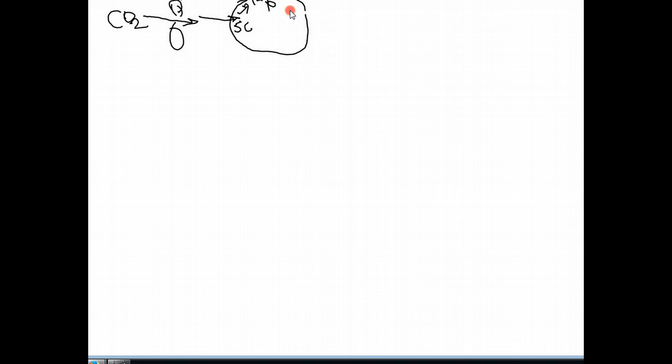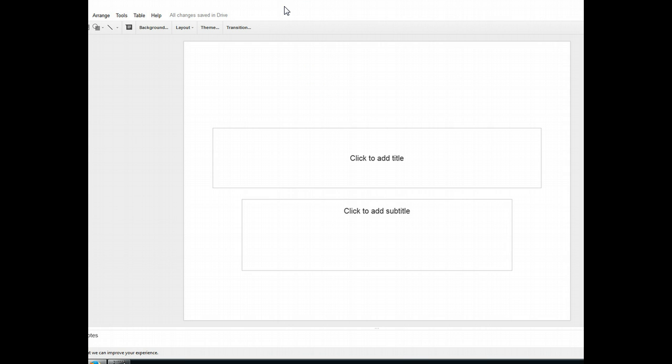Then we have reduction. So we have CO2 into the chloroplast, and carboxylation to the triose phosphate.